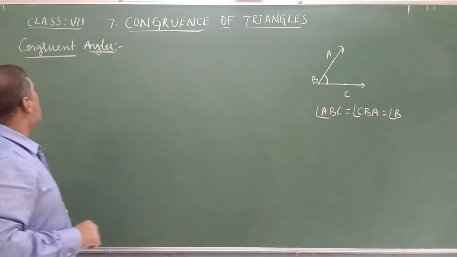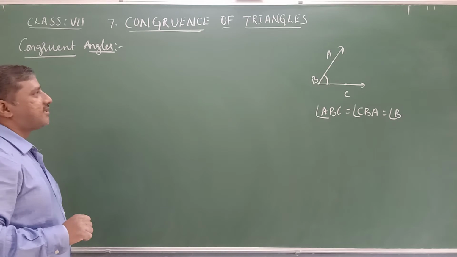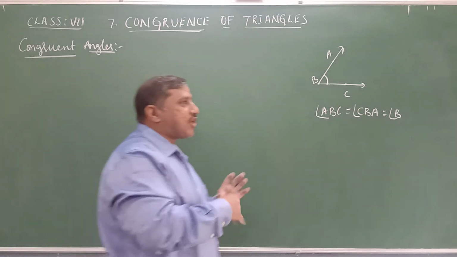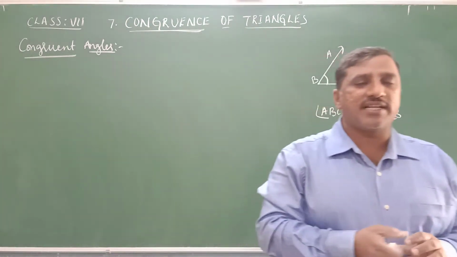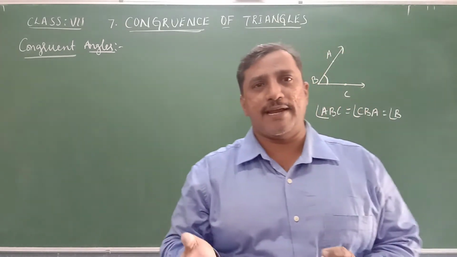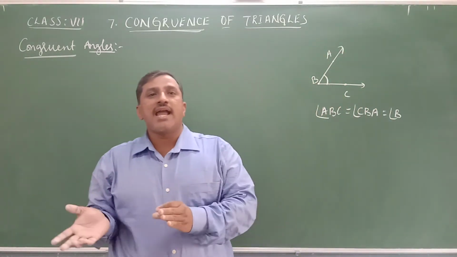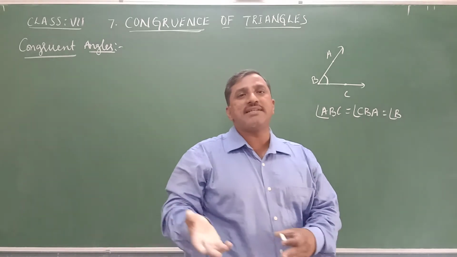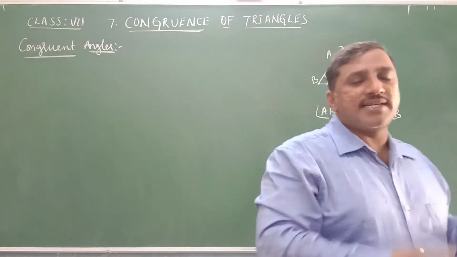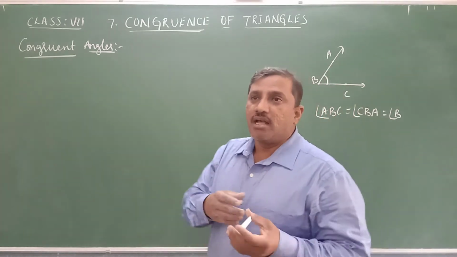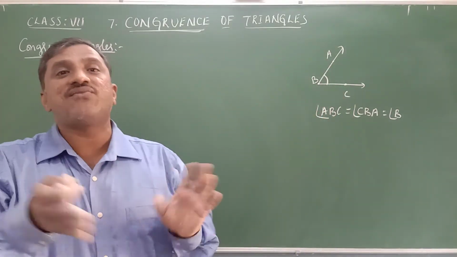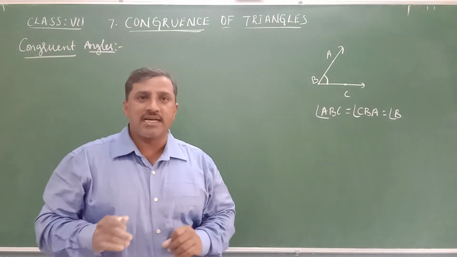Now here, what are congruent angles? Will the shape of the angles be the same or different? Yes, their shape is the same, but their measures are different. One angle may be 60 degrees, the other may be 70 degrees, or both may be 60 degrees, or both may be 90 degrees. Different measures will be there for angles.